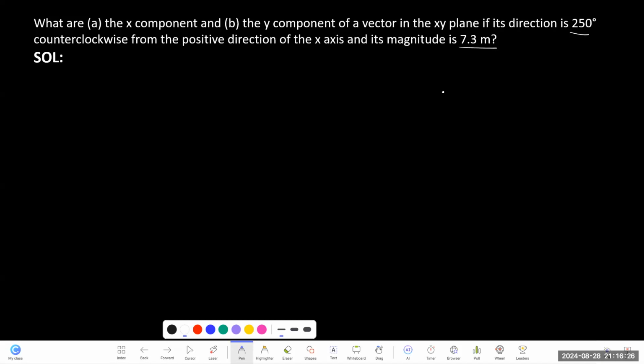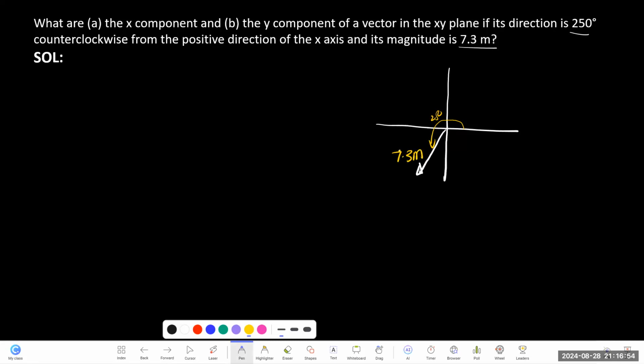If you draw this, the vector is at 250 degrees, 180 and then more, roughly somewhere here. The angle is given as 250 degrees, and this vector's size is 7.3 meters.